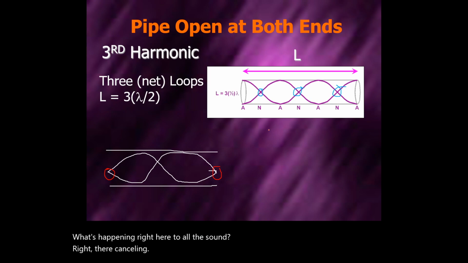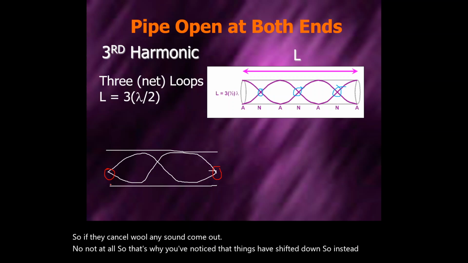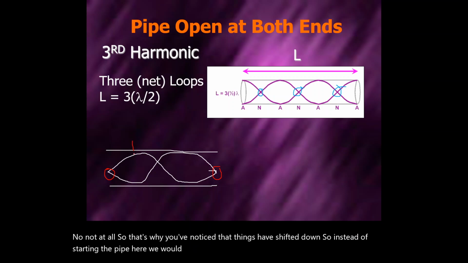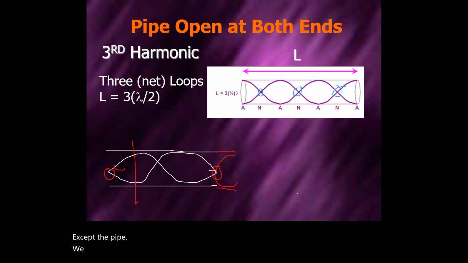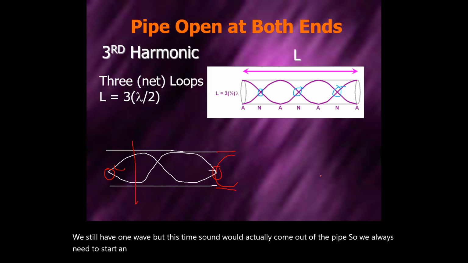So if they cancel, will any sound come out? No, not at all. So that's why you've noticed that things have shifted down. Instead of starting the pipe here, we would start the pipe here, where there's an antinode, and add this little section to the end. Extend the pipe. We still have one wave, but this time sound would actually come out of the pipe. So that's why we always need to start an open pipe with an antinode, because nodes would cancel it out.